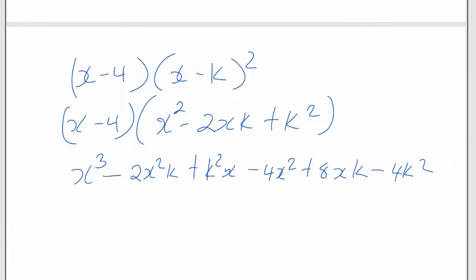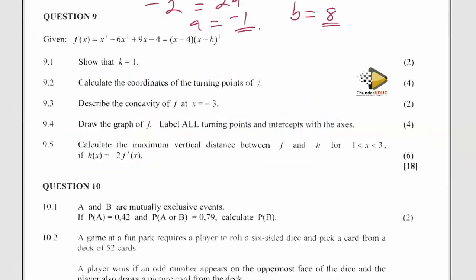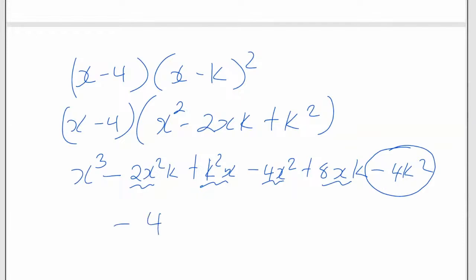Then I can collect the like terms, whereby I'm interested in the x's. So this and this will be together, this and this will be together, and then this one will represent the constants. In this case, our constant is negative 4. So I would say negative 4 is the same as negative 4k squared.